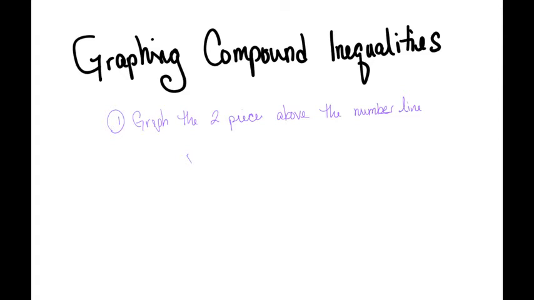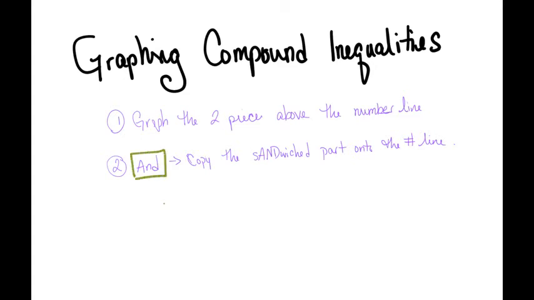Then depending on which category you're in, if it's an and, remember we're going to copy the sandwiched part onto the number line. That'll be everything that's in between the two numbers. So that's for an and.